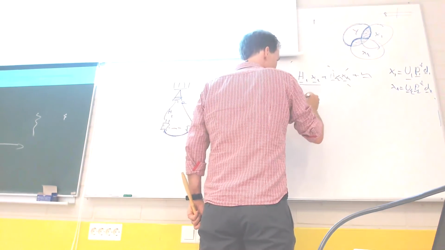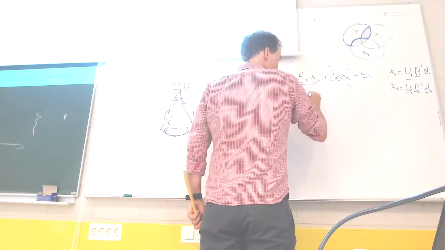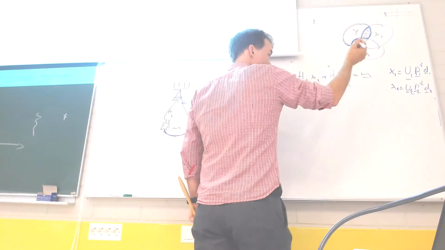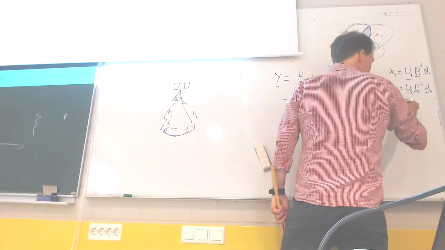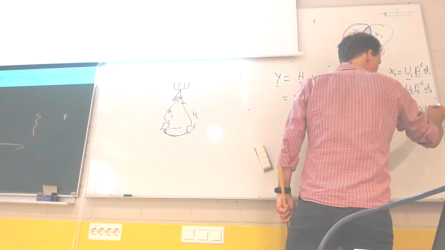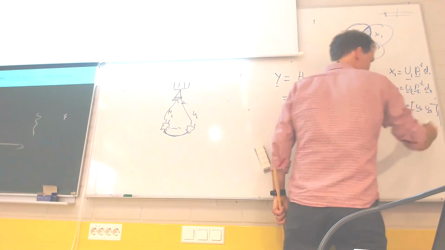So we have H1 and U1. Let's assume that we have two streams, U11 and U12.